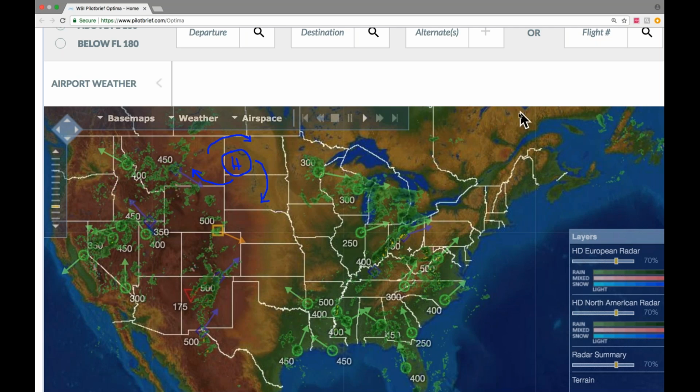And the lows, think of them once again as a dent, but they are rotating counterclockwise and up. Okay.